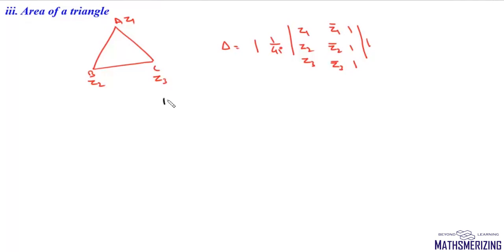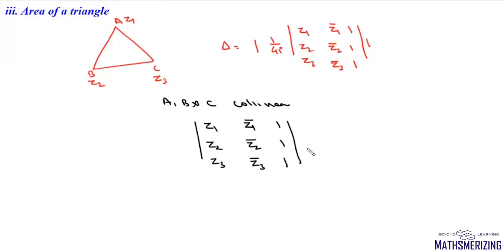And if these 3 points A, B and C are collinear, then basically the value of this area must be 0. Then the determinant with rows Z1, Z1 bar, 1; Z2, Z2 bar, 1; and Z3, Z3 bar, 1 must be equal to 0. So this is the formula for area of a triangle in case of complex numbers.